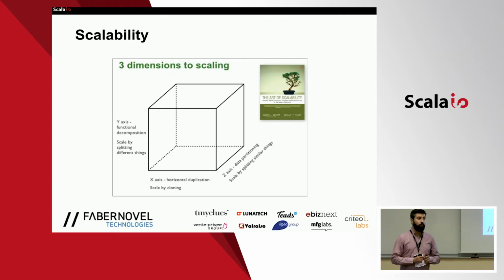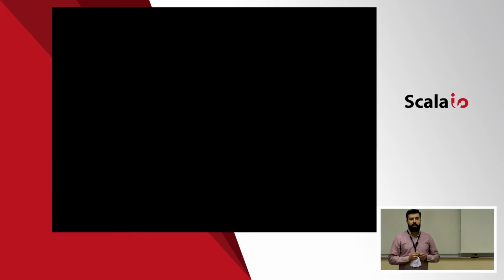First thing, when we are talking about our application and we want to apply the microservices pattern, which we are going to see just after this slide, we need to decompose the functionality of our application.